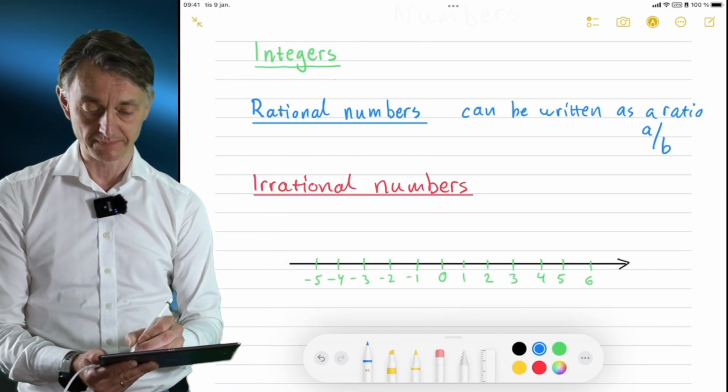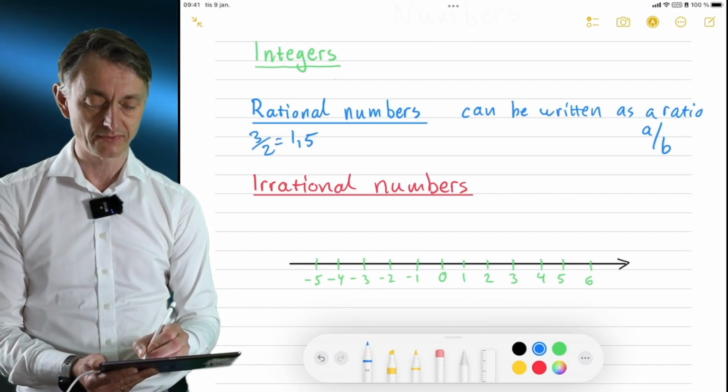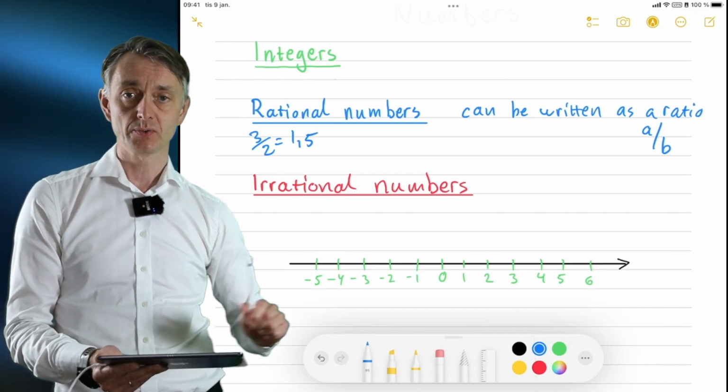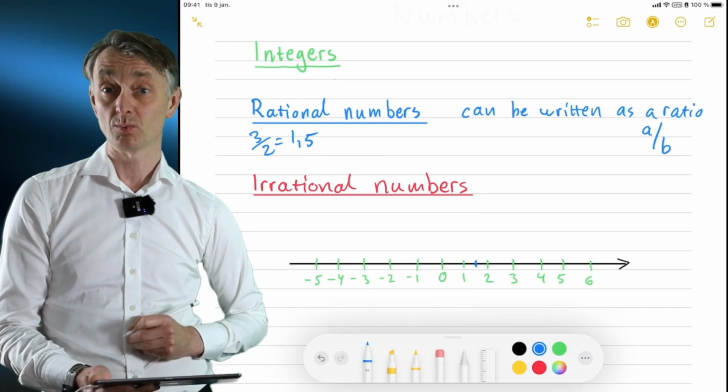For example, this one. 3 divided by 2, that's 1.5. That number would be about here. So we can mark 1.5 there.